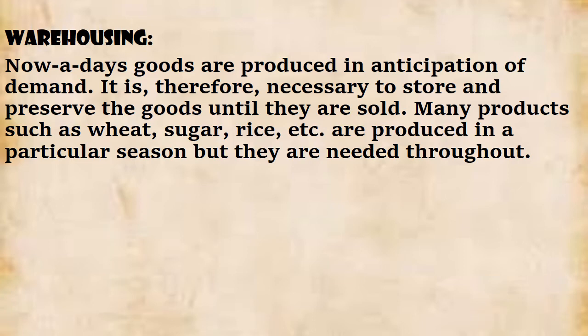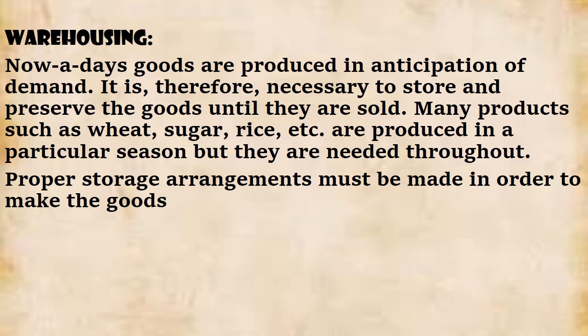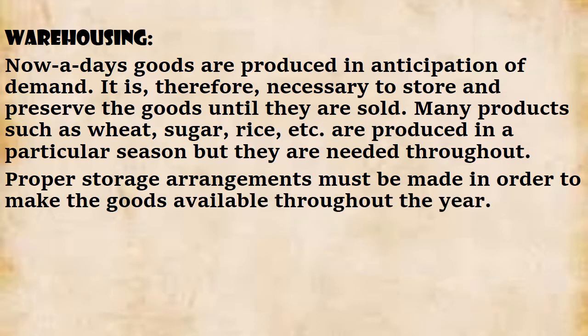So these are stored in huge food storage godowns like Food Corporation of India, in cold storage, and so warehousing becomes very necessary to store the goods and preserve them until they are finally sold out, and even to provide goods like agricultural goods which can be stored for a longer time and are demanded by the consumers all throughout the year. Proper storage arrangements must be made in order to make the goods available throughout the year.